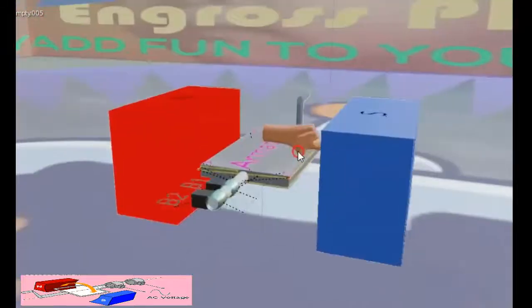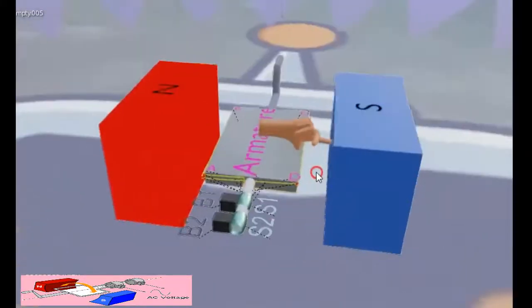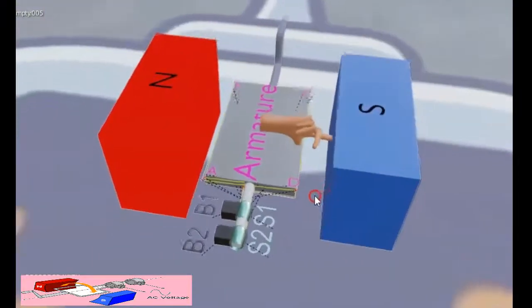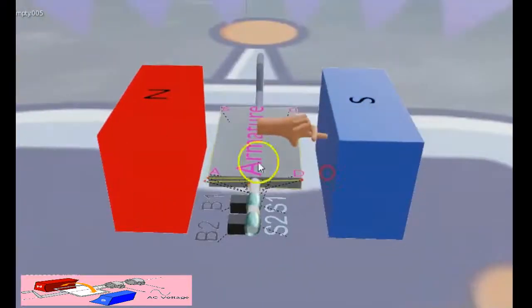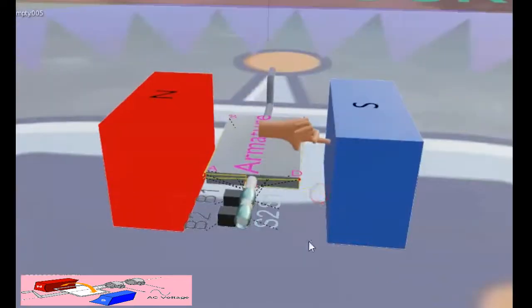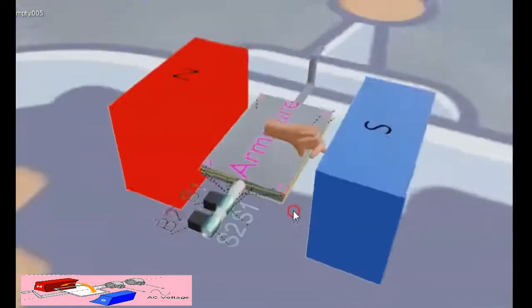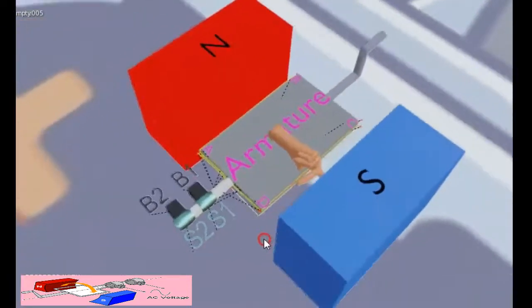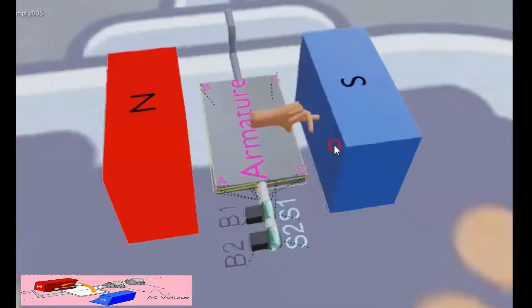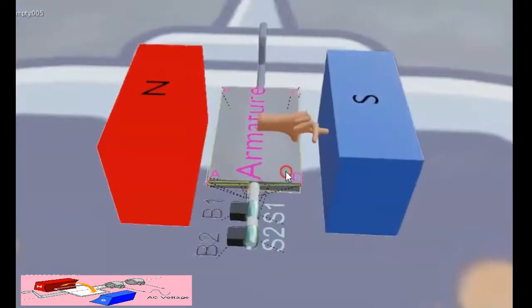We can also check the direction of induced current in CD by using the same Fleming's right hand rule. Here, since we have taken the direction of this armature moving in clockwise direction, so CD will move in downward direction. Here you can see in this right hand, the thumb is in downward direction, and the index finger is from north to south.